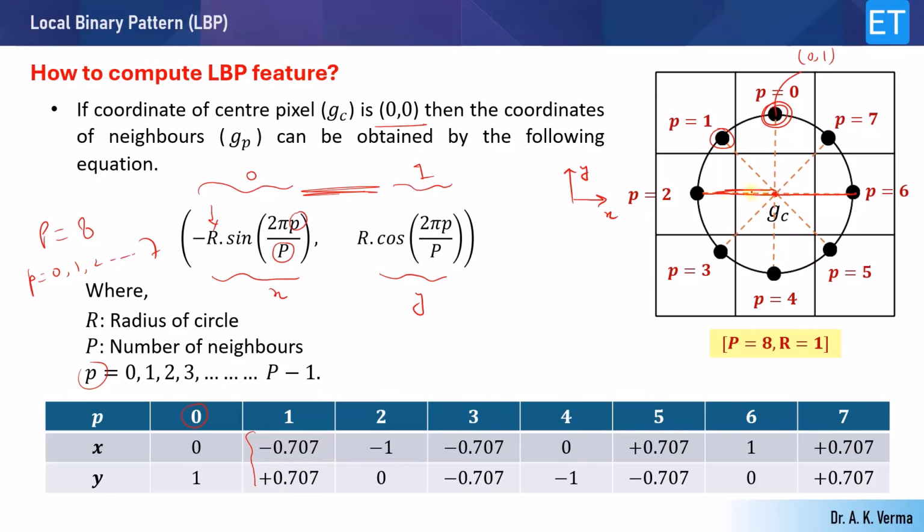So this is minus 0.707 and this is plus 0.707. That is 1 upon square root 2. Similarly, this is minus 1, 0 and so on. So these XY coordinates for all 8 neighbors are computed with help of this equation.